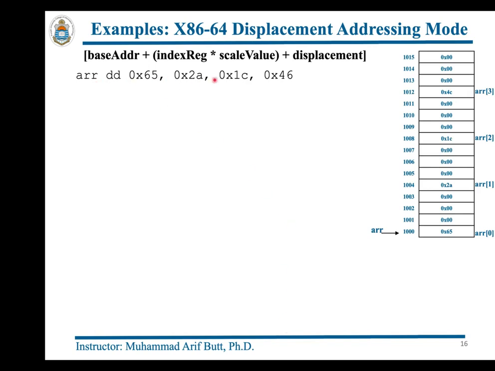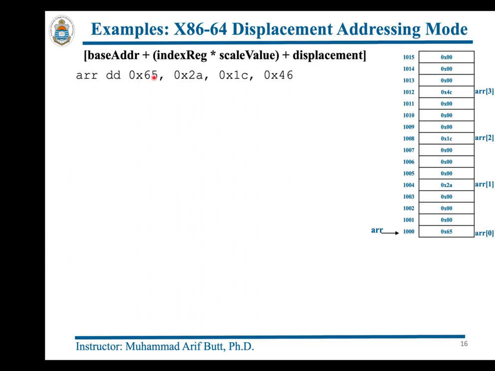Okay, so consider this assembly instruction, ARR DD, that defines four double variables named ARR. Also note that although double, each element contains just 1 byte of data, and of course the remaining bits will be set to 0.